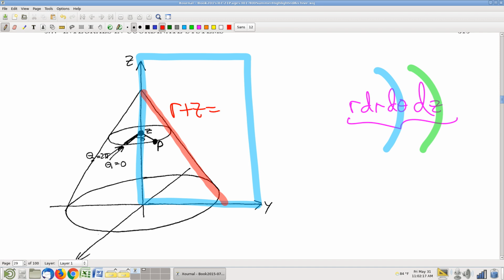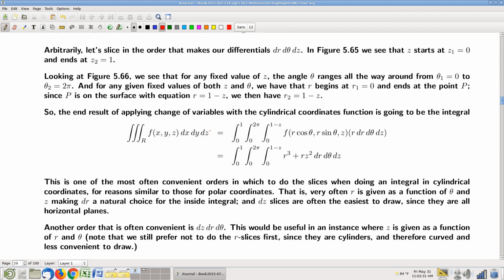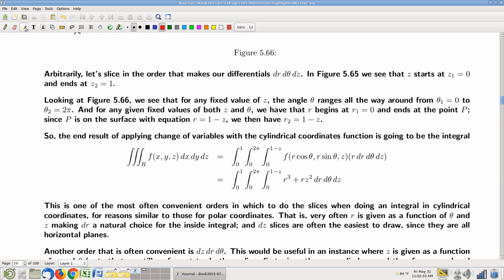In which case that means that R is 1 minus Z. Okay. And so here they are. Here are those bounds. Z from 0 to 1, theta from 0 to 2 pi, R from 0 to 1 minus Z.